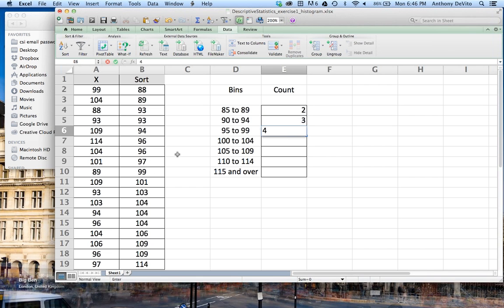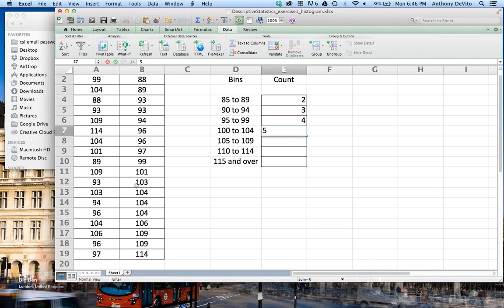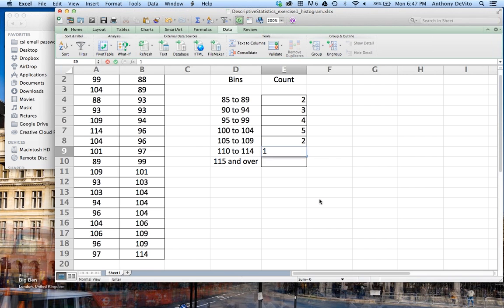Between 100 and 104, the pretty elementary version of this? 1, 2, 3, 4, 5. Between 105 and 109? 1, 2. Between 110 and 114? Only one, and that's it, I think.